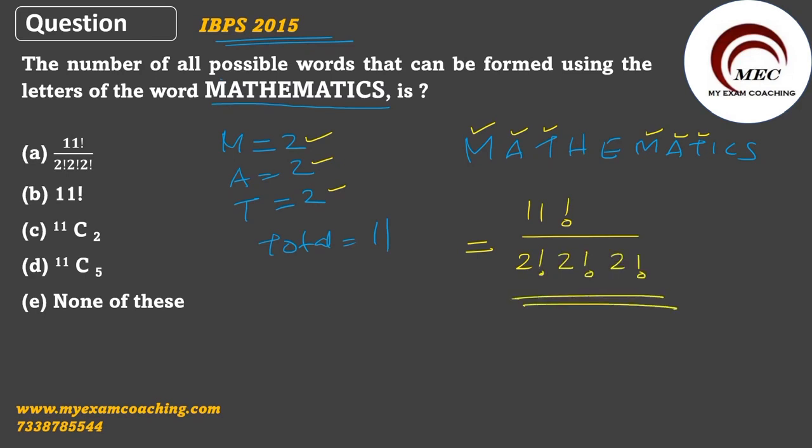It is a very simple shortcut method: whenever you have this type of question, total divided by repetition factorial. So accordingly you can mark the correct option as option A.